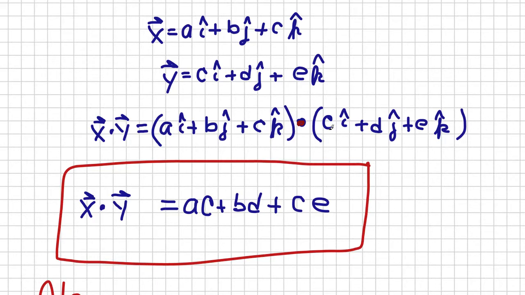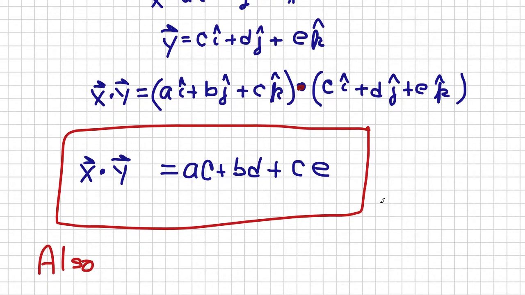So I multiply the I components of the two vectors, add that to the product of the j components of the two vectors, and add that to the product of the k components of the two vectors. So this is how I've defined my dot product in class.